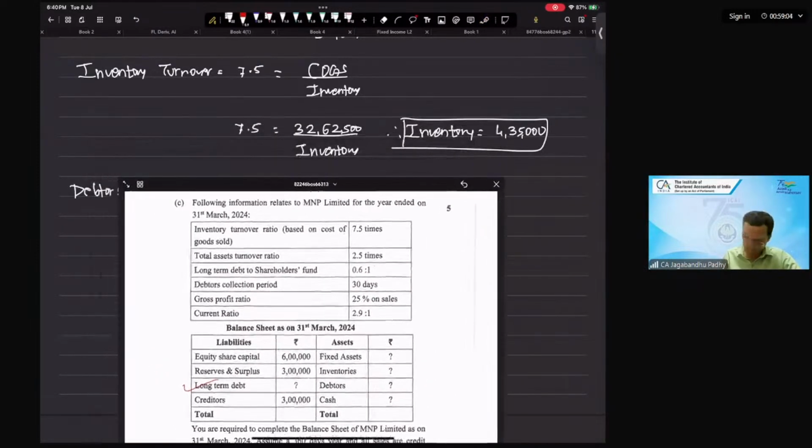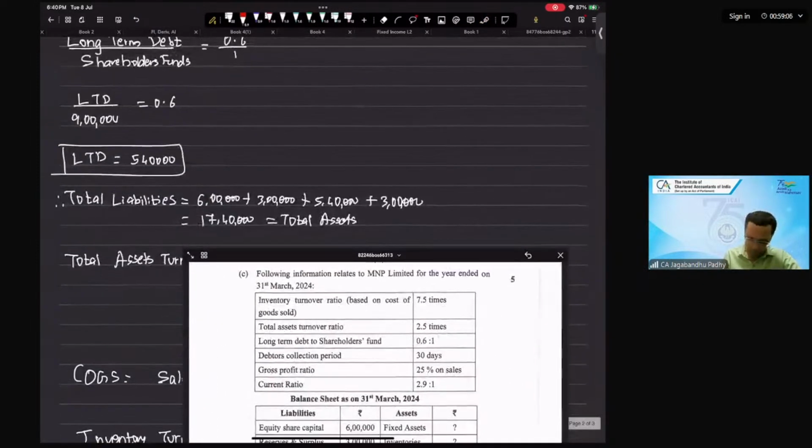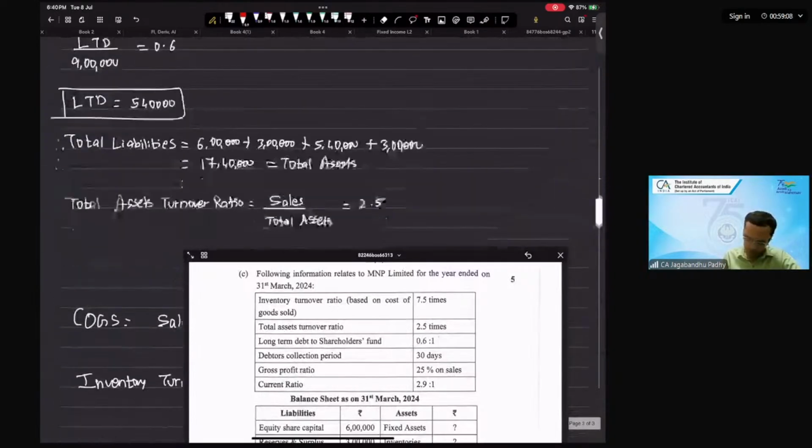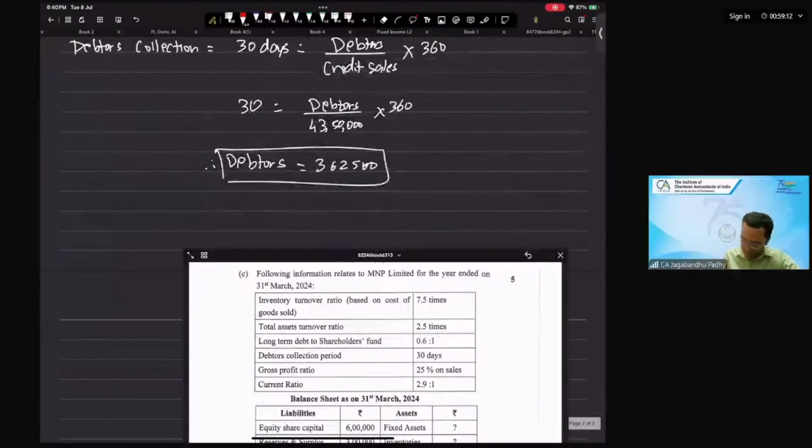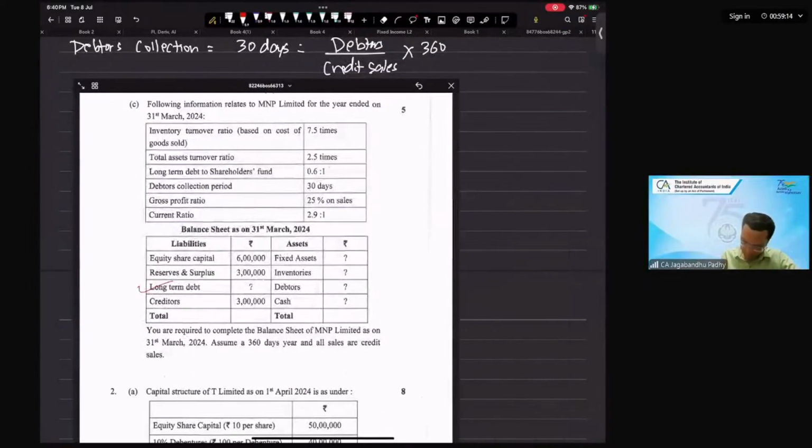So let's look at, we have already computed long-term debt, right? We have computed the inventory and debtors. Now to compute the cash balance, we'll have to use the current ratio.